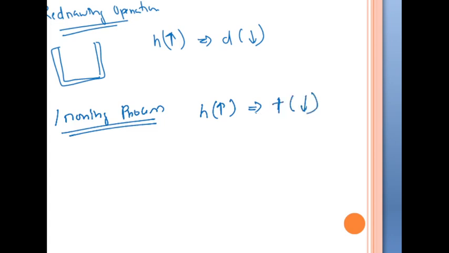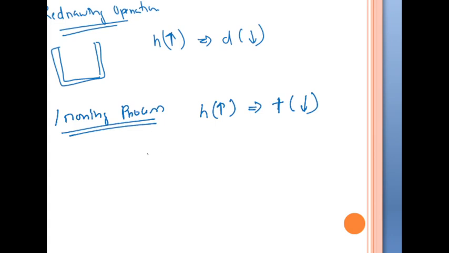So when it is asked in a question which of the drawing processes controls the thickness, it will be the ironing process. Here the depth of the shell which has been produced increases at the cost of decrease in thickness.